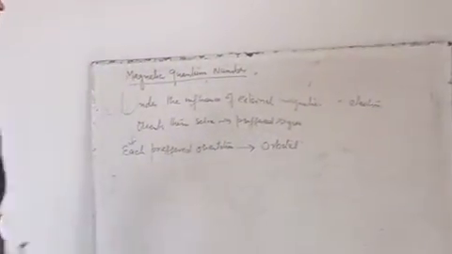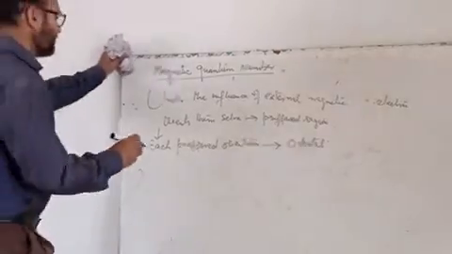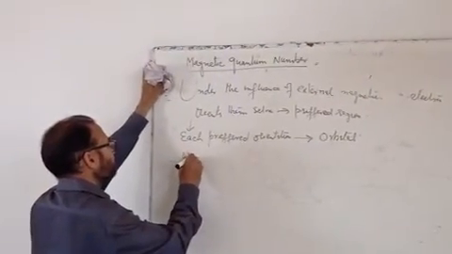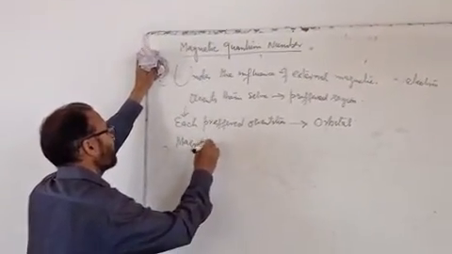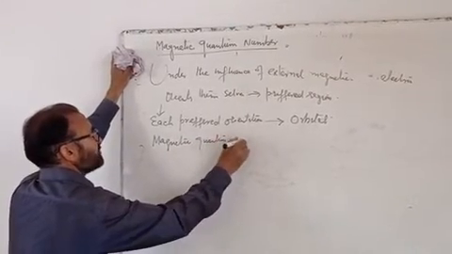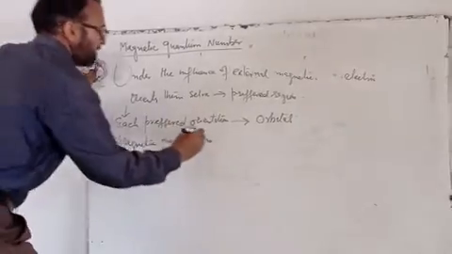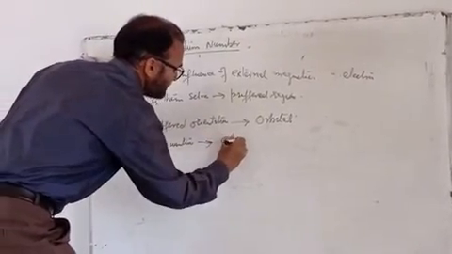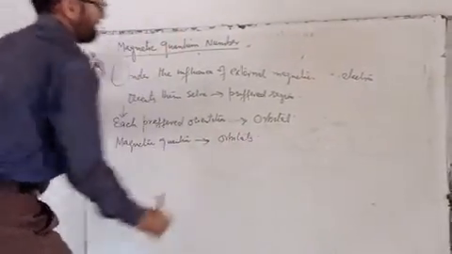Each preferred orientation represents an orbital. So the magnetic quantum number gives information about the orbitals present in the subshell.